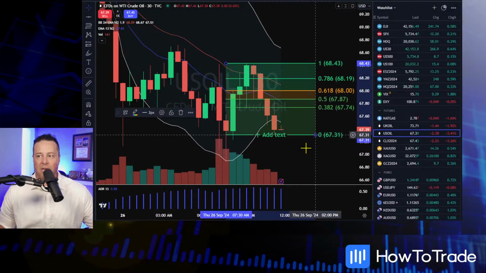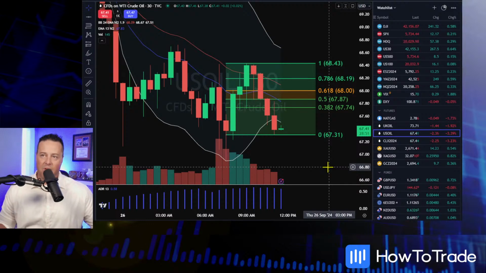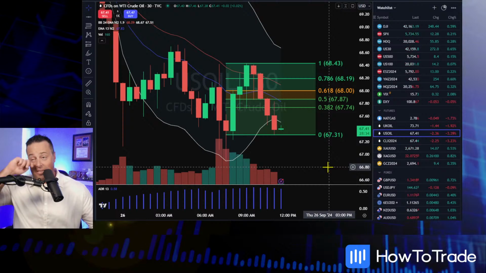Spike high to a spike low. Pullback sells from about 67.75. Be looking for 5 to 8 pips or ticks there. That's really tight. I don't know that I would get involved with that, but still, we're looking for a deeper pullback here. We're definitely seeing some movement in WTI crude, and it's in line with fall seasonality, but it's against a lot of our market drivers, which are supply and demand.